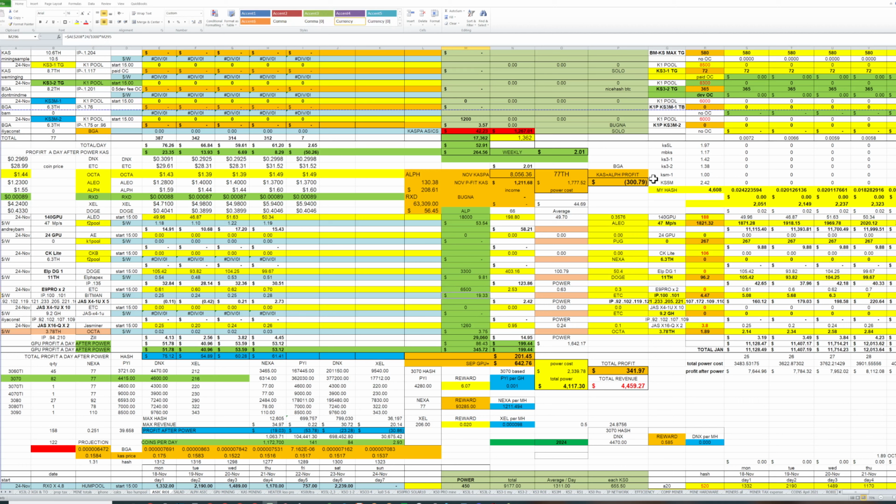So 6500 watts versus 1200, almost 6, not quite 6, probably 5 times more power, and making only half of the profits. Really crazy, right? Anyways, the bottom line, it's still profitable, so I'm gonna keep them rolling.